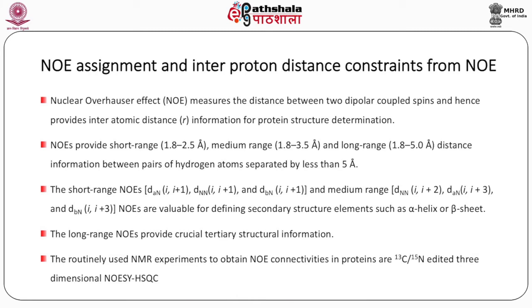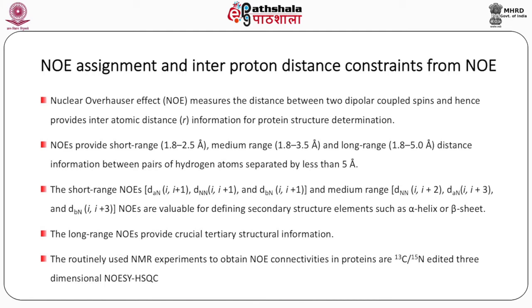The short range NOEs dαN(i,i+1), dNN(i,i+1) and dβN(i,i+1), and medium range dNN(i,i+2), dαN(i,i+3) and dβN(i,i+3) NOEs are valuable for defining secondary structure elements such as alpha helix or beta sheet.